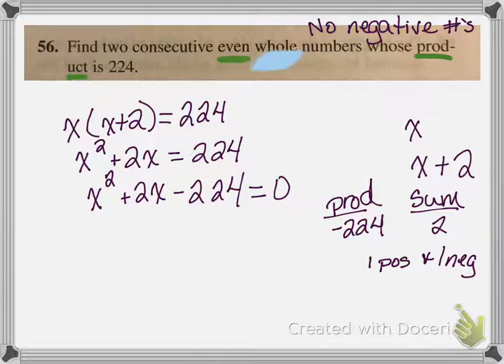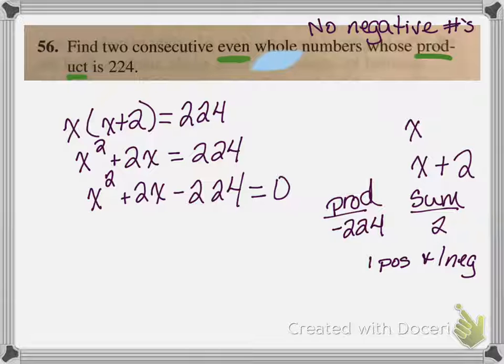Now, I'm going to tell you that 15 squared, 15 times 15, is 225. So since 15 squared is 225, what is a reasonable number to check to see if it will go into 224?